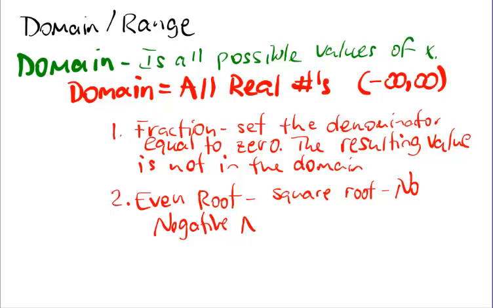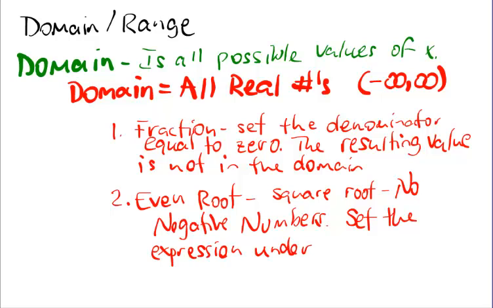So what you'll do is set the expression under the radical to be greater than or equal to 0. Greater than or equal to 0. Okay? So these are the only two instances where the domain will not be all real numbers.